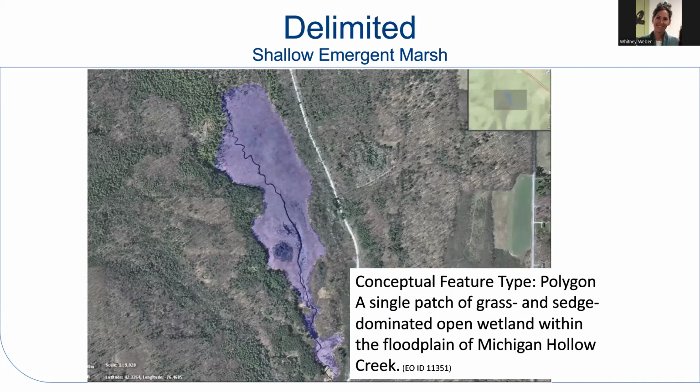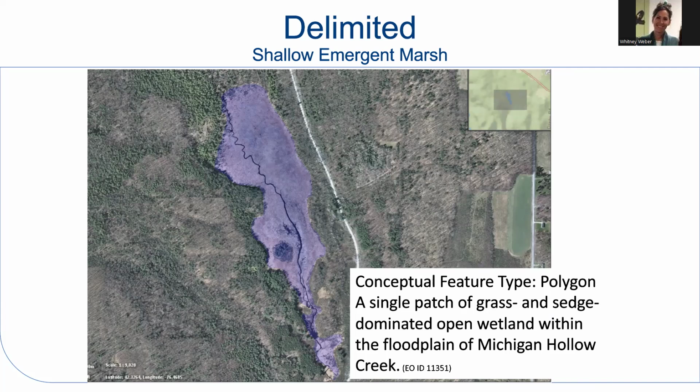So in this example, we have a shallow emergent marsh. The conceptual feature type is a polygon because the marsh is greater than 9 meters. And we have a single patch of grass and sedge-dominated open wetland within the floodplain of Michigan Hollow Creek. So what they mapped was that floodplain, and they were able to delimit that floodplain.